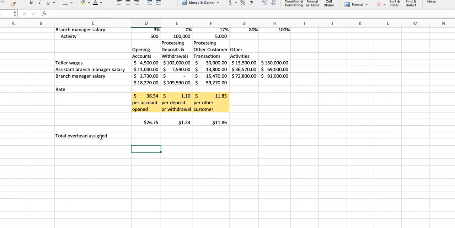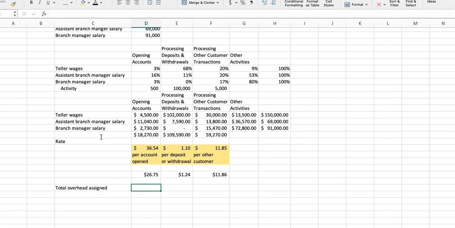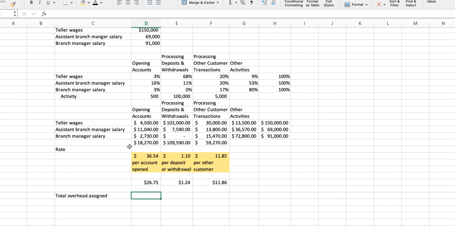Let's say we have a customer, and it's a really good customer, and we're trying to see how much overhead was assigned to that particular customer. This one isn't as good an analysis for that, but it is a really good analysis for comparison.